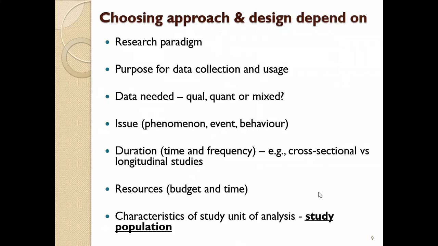The choice will also depend on the purpose, why you're collecting data, or what you want to use the data for. And then also it could depend on the data that is needed. Do you need just data in form of numbers? Do you need data in form of words? Or do you need data that combines both quantitative and qualitative?